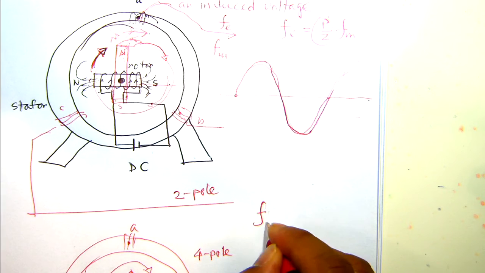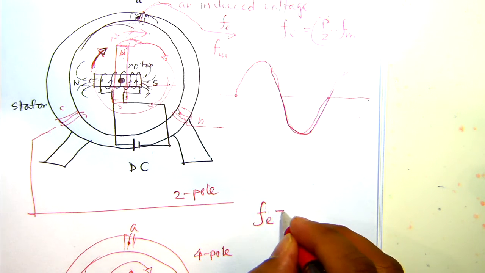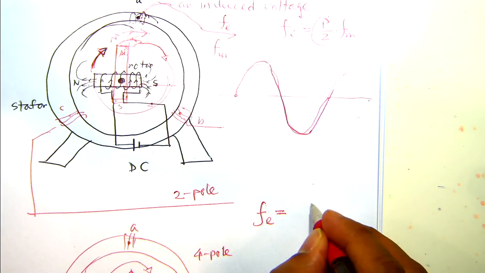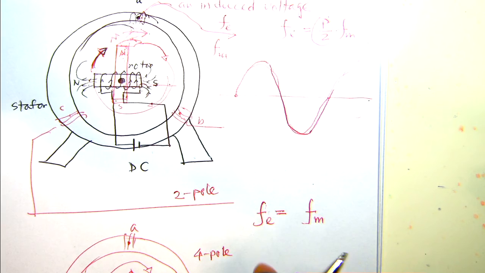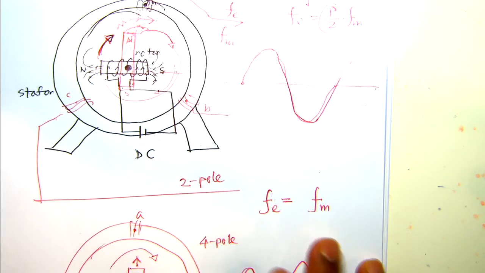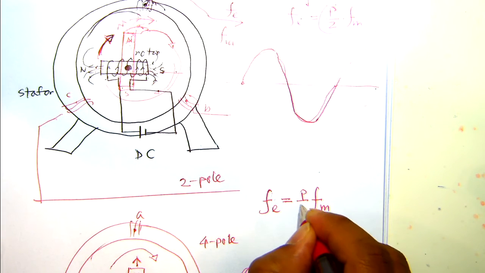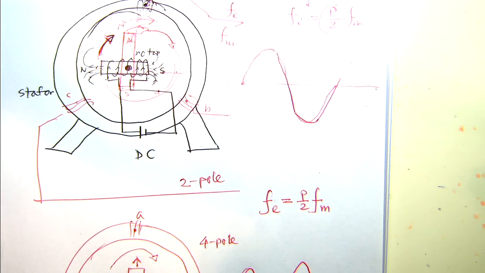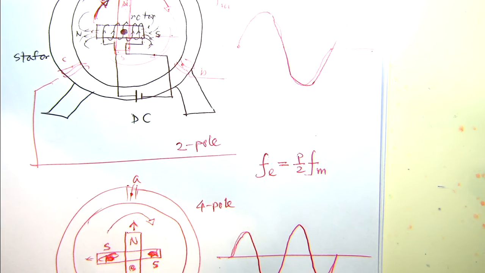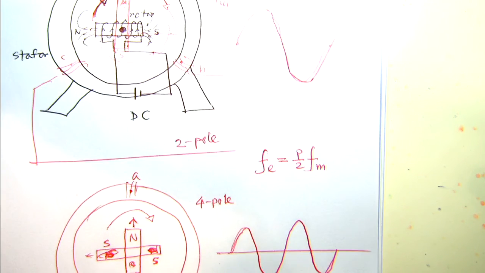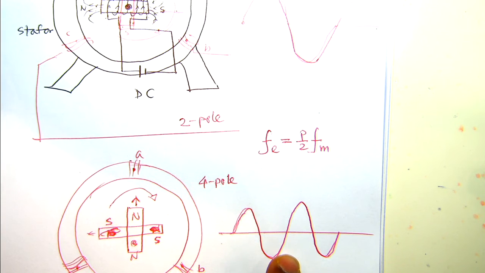As we said, our electrical frequency is related to the mechanical frequency, or rotation, by the pole pair. If there is one pole pair, meaning 2 poles, then they are the same. But if there are 4 poles, meaning 2 pole pairs, then you see that the frequency is double.